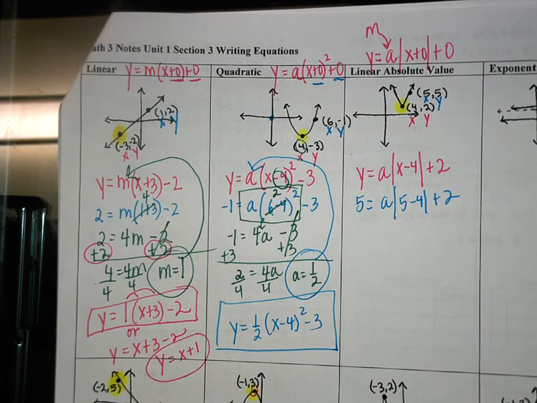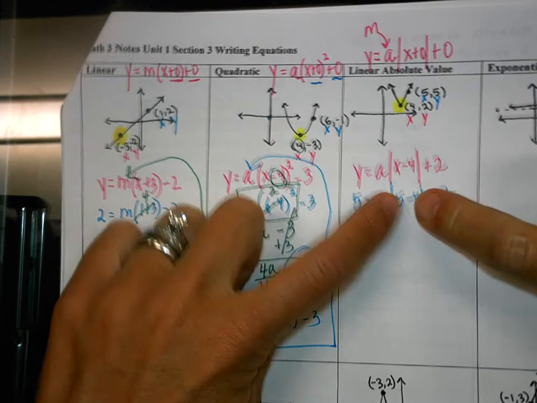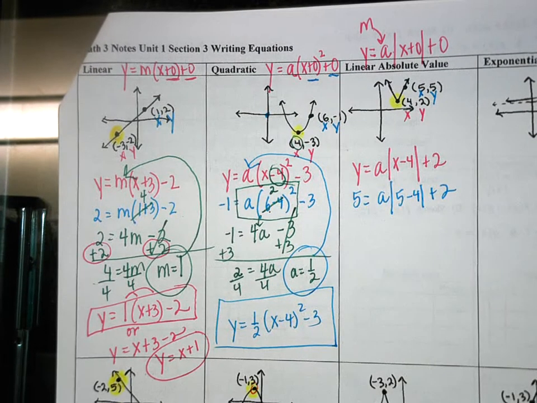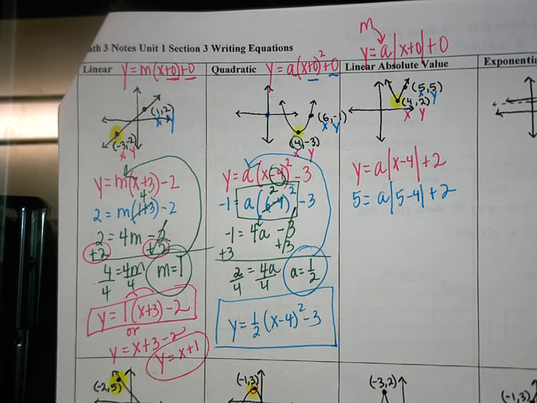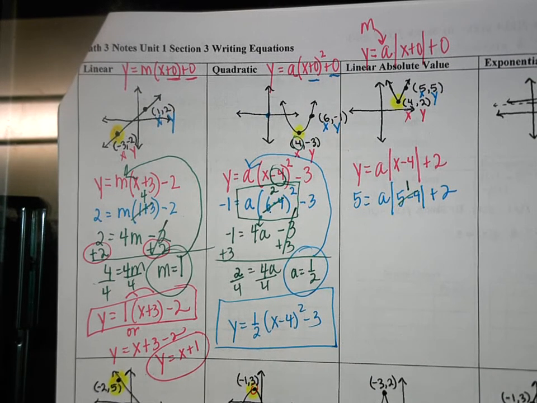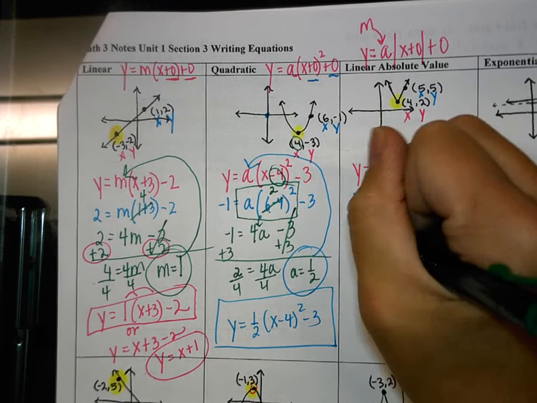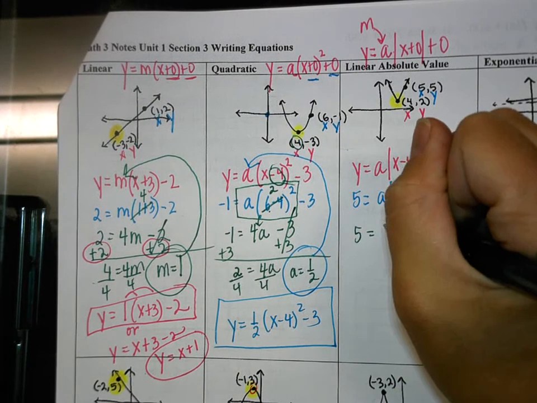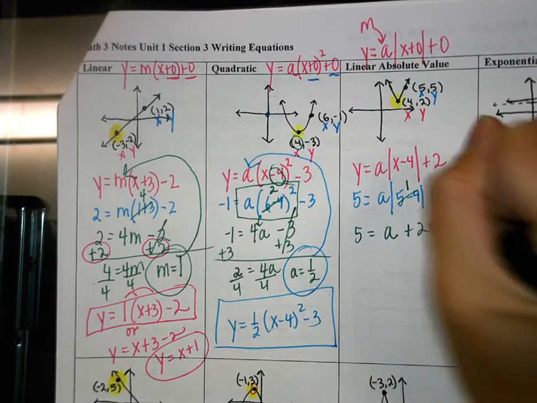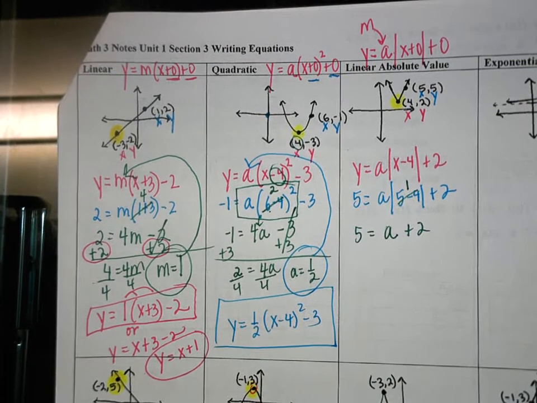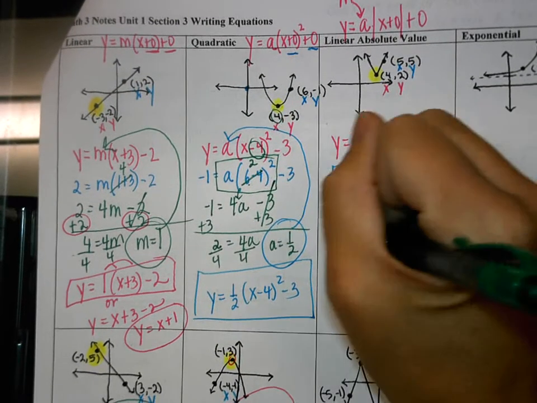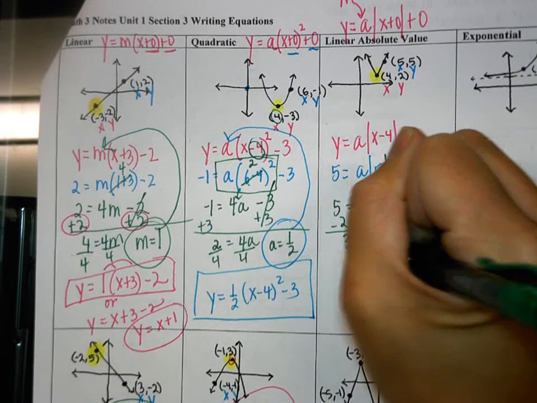Remember that absolute values are like parentheses, so you have to simplify in there before you take the absolute value. What is 5 minus 4? 1. Then you would take the absolute value of 1, which makes what? 1a. You can write 1a or just a, plus 2. And then what would I do next there? Subtract 2 from both sides. And then 3 equals a.